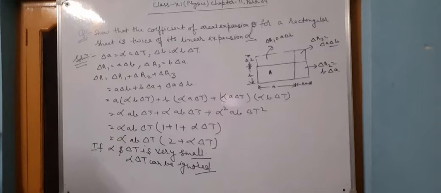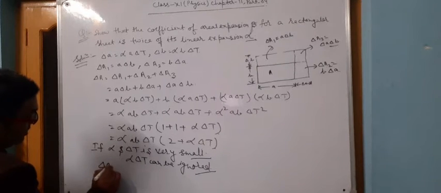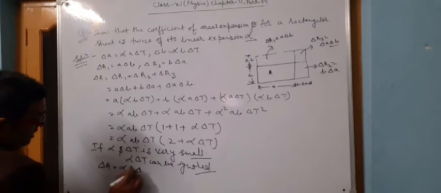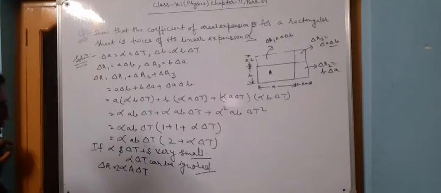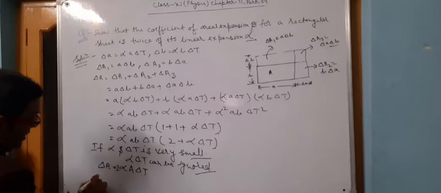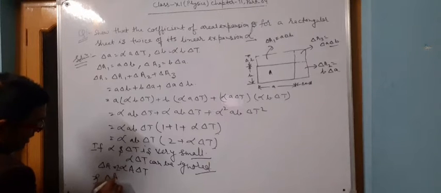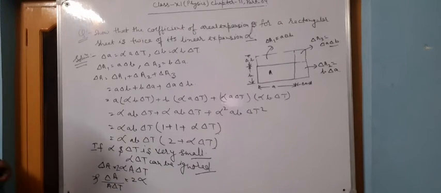And if alpha into delta T can be ignored, then delta A will become equal to twice alpha A delta T. Now we can write it as delta A upon A delta T is equal to twice alpha.